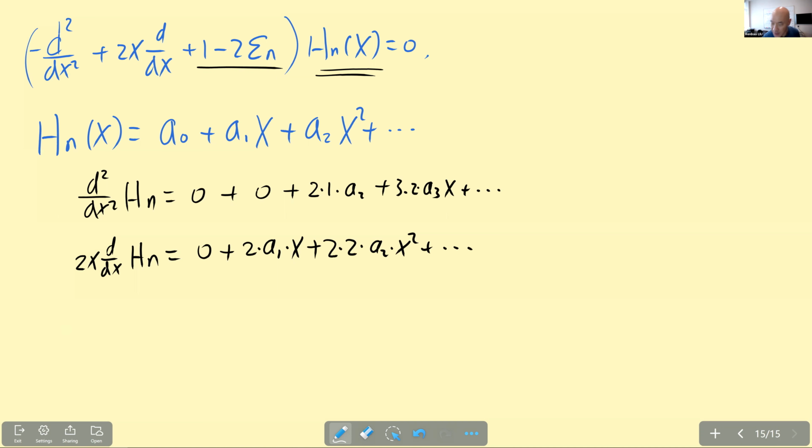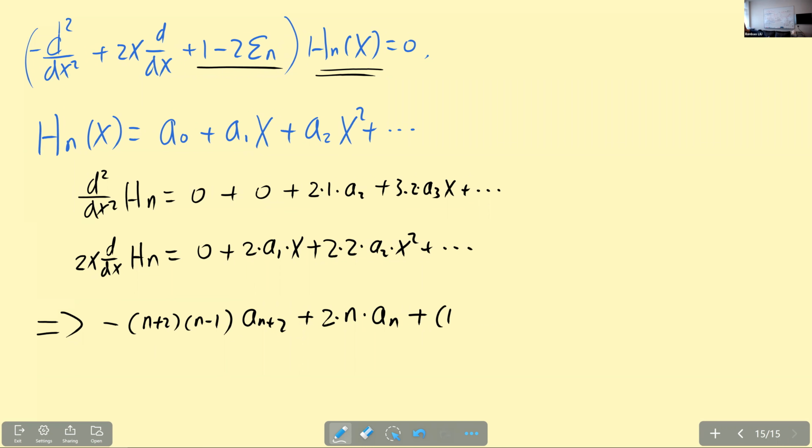So you must have, if you look at this, minus, for the mth order, (m plus 2)(m plus 1) a_{m+2}, from the second order derivative. And then you should have 2 times m times a_m, so this also gives the mth order. And of course, you have 1 minus 2 epsilon times a_m, and all of this should be 0.